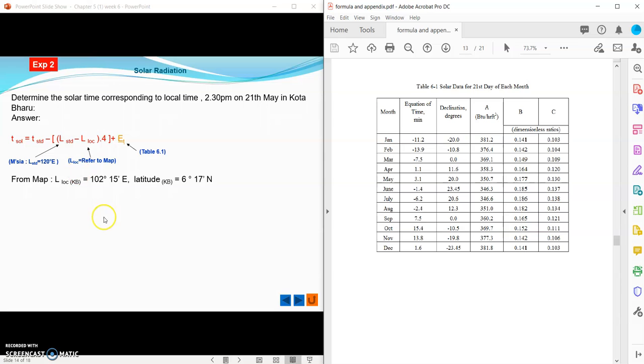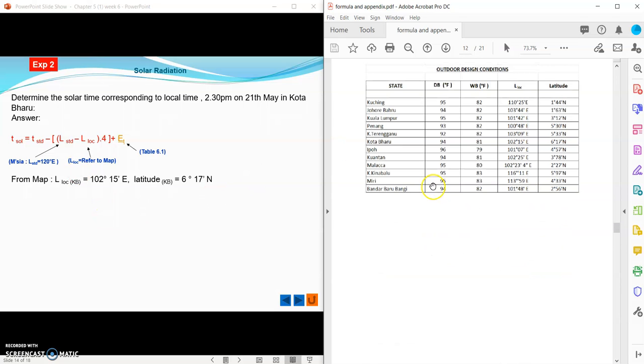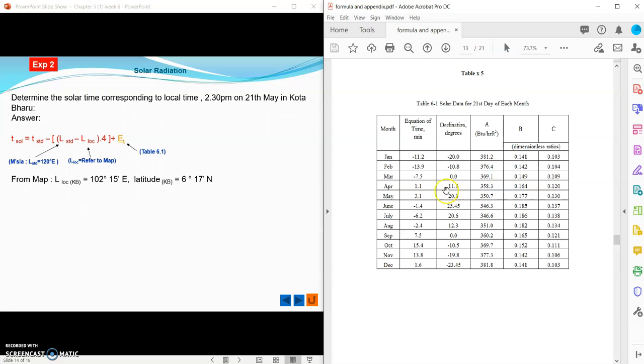Based on the map, please go to Kota Bharu. Here the location is 102 degree 50 minutes east. Next we want to find ET, the equation of time for the 21st of May. ET here is 3.1.